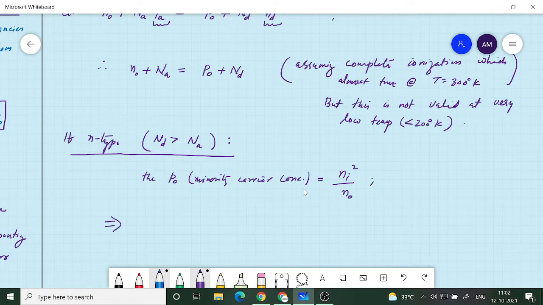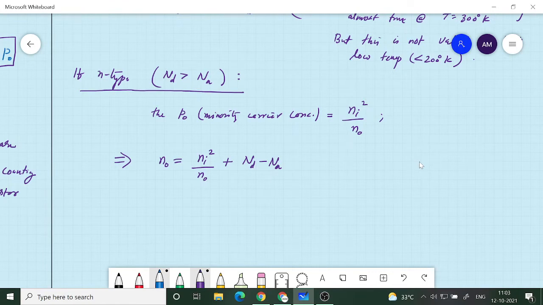Therefore the charge neutrality equation becomes N0 equal to P0, which I am substituting as Ni square by N0, plus Nd minus Na. I took this Na to the opposite side so it became Nd minus Na, because I am insisting that it is n-type material, therefore Nd is greater than Na. So I get the charge neutrality equation like this.